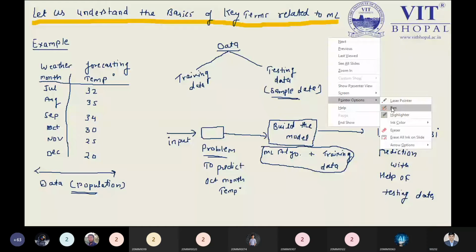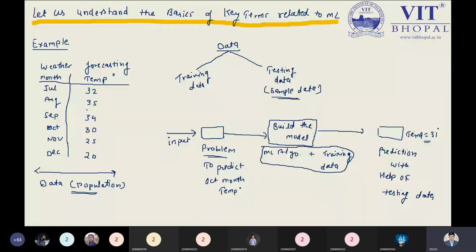Suppose this data could be extended by 100 years. So suppose I'm extending this data to previous years. In the previous year, the average temperature of the July month was 33, and previously it was 36. In 2019, I was talking, and previously it was 34, and again 32, something like this.